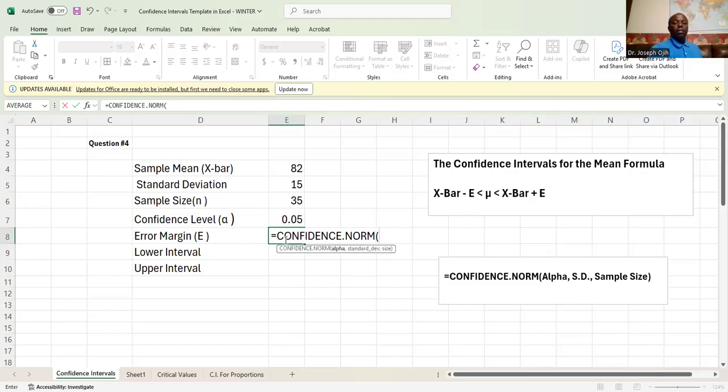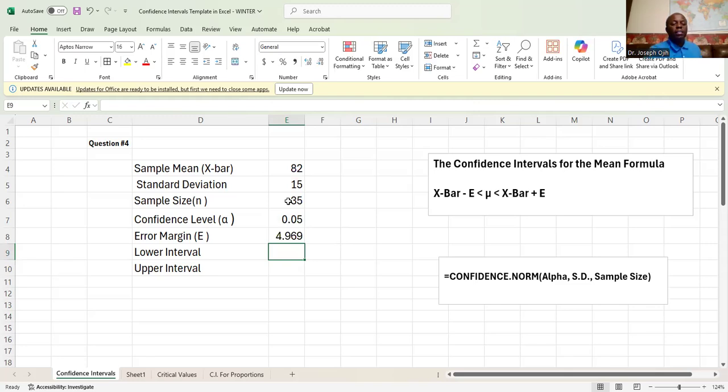Click on alpha, which is right here, 0.05, then standard deviation, which is 15, comma, and sample size, which is 35. Then close it and press the enter key. It gives 4.969, or 4.97 if you like. Since I'm using two decimal places, I can just make it 4.97.